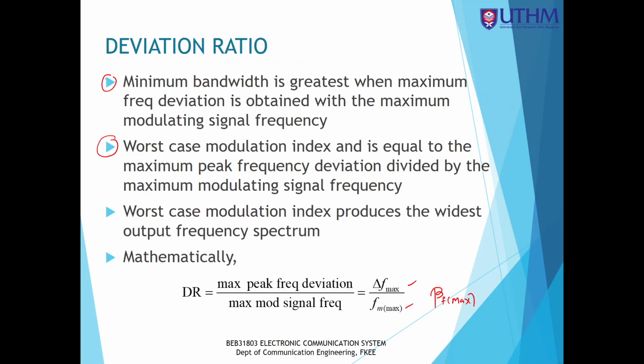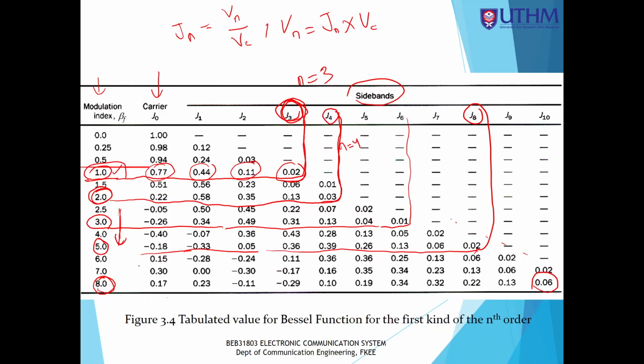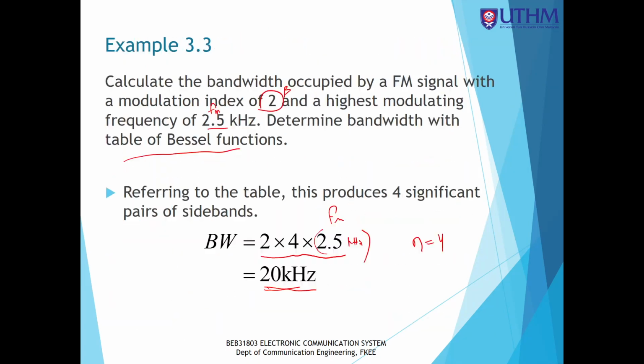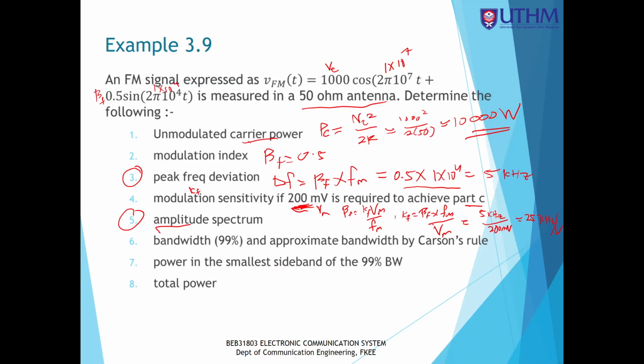If you see beta F 0.5, you get up to 2 pairs of sideband: 0.94, 0.24 and 0.03. So we have up to 2 pairs of sideband, 0.94, 0.24, 0.03.